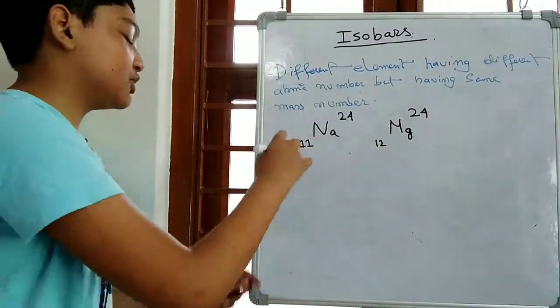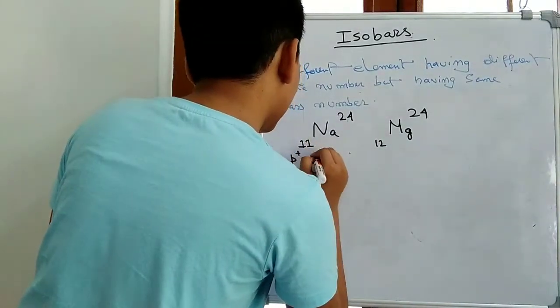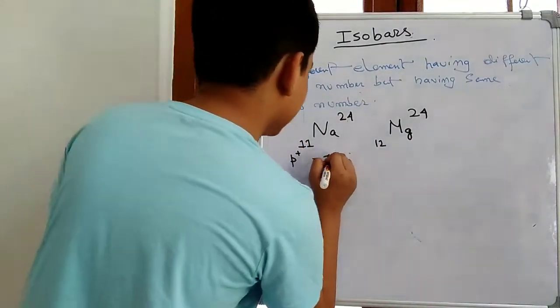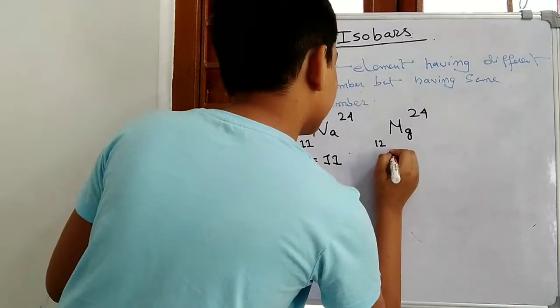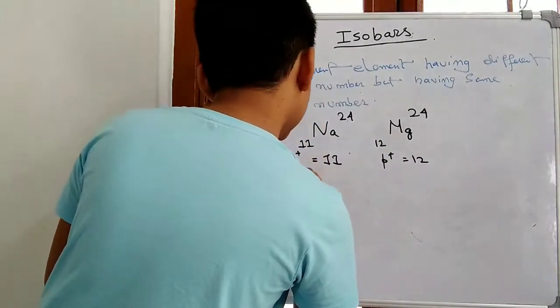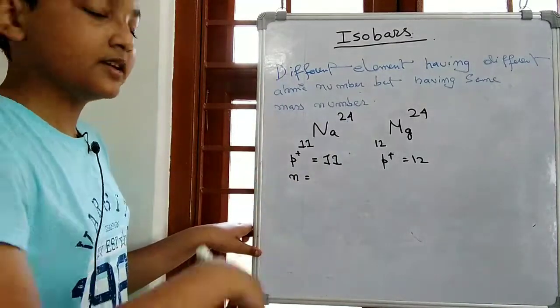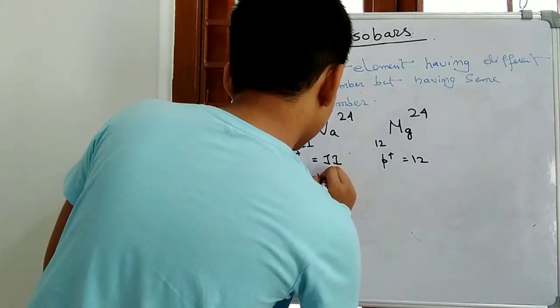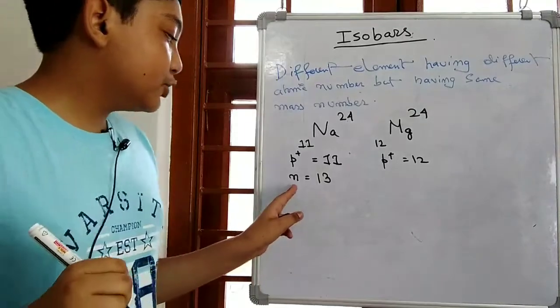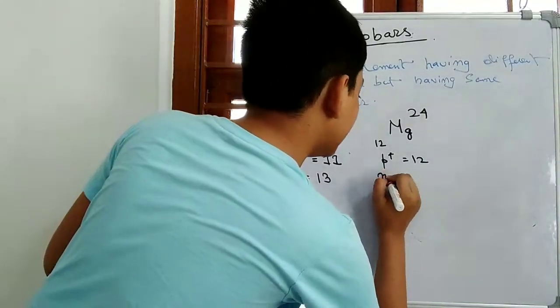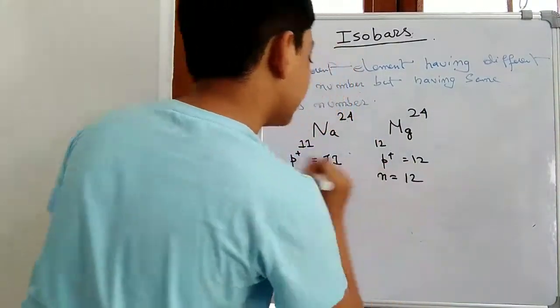Did you get it? So let us calculate their P plus, meaning protonic number, meaning protons are 11. Here protons are 12. What is the neutron? Neutron we know 24 minus 11. What is it? It's 13. Neutron is 13. Here what is the neutron? Its neutron is 12.